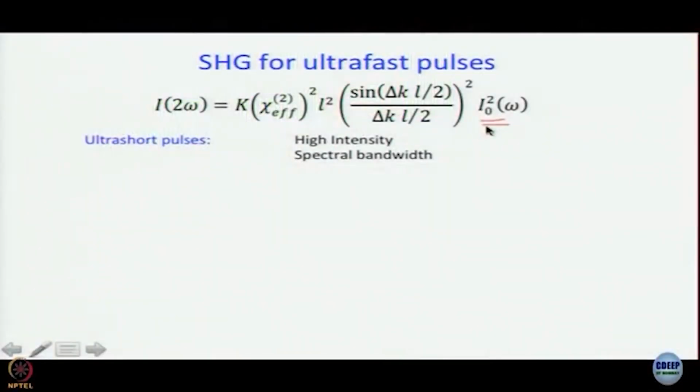What is the discussion we have had so far? Remember the k vectors? This k is written here. The entire discussion was based on the fact that you have to have an exact phase matching, that is delta k has to be equal to 0. Now, what do you have in a pulse light?